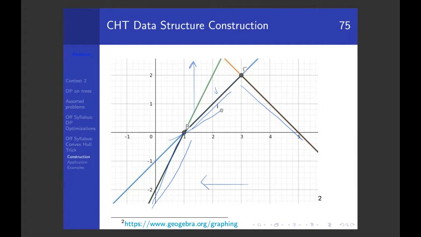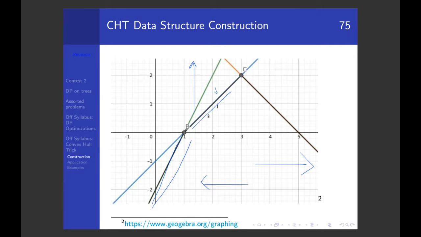And then at some point, a line with even smaller slope overtakes that. And as we go towards positive infinity, the dominating line is the one with the most negative slope, the smallest slope, because as we go towards positive infinity, we want a small slope.